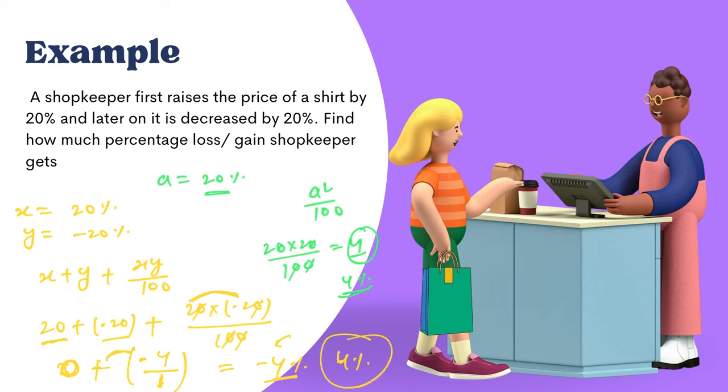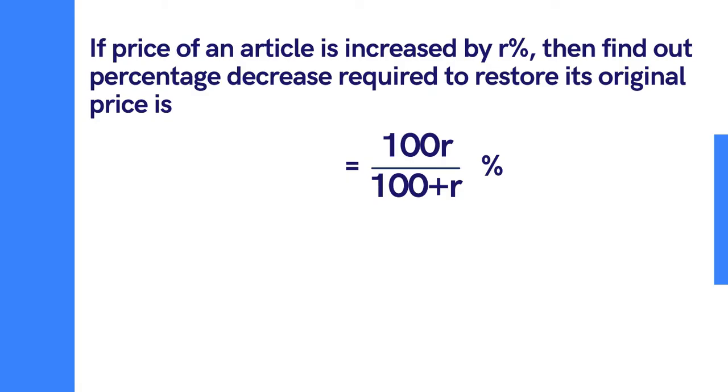Or you can directly do it by formula also. Let's see this concept. This concept says if the price of an article is increased by R percentage, then find the percentage decrease required to restore its original value. What is the meaning of this concept? First the article's price is this one, then it is increased by R percentage, so I get this.